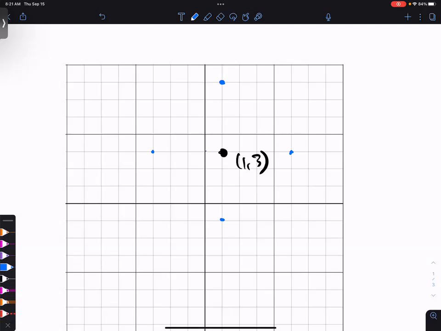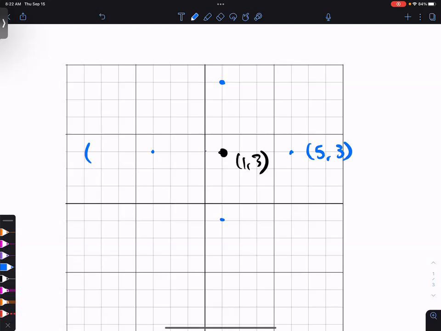Which means I can write down what their coordinates are, right? That point that's 4 to the right, what would its coordinates be? From (1, 3), go 4 to the right. (5, 3). Right? Y value doesn't change, the x value does.